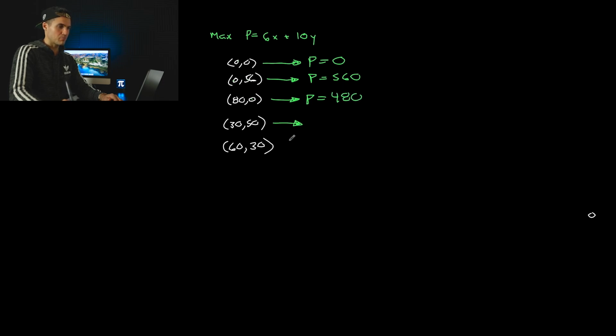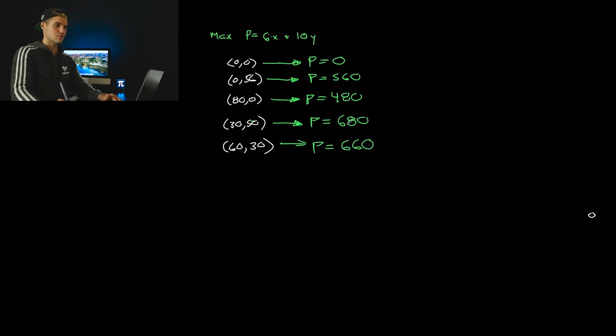And then over here, the points of intersection that we found, plugging in 30 and 50, we'll have what? 180 plus 500, which gives us 680. And then over here, plugging in 60 and 30, so 30 times 10 plus 60 times 6, 300 plus 360, that would give us 660, like that.